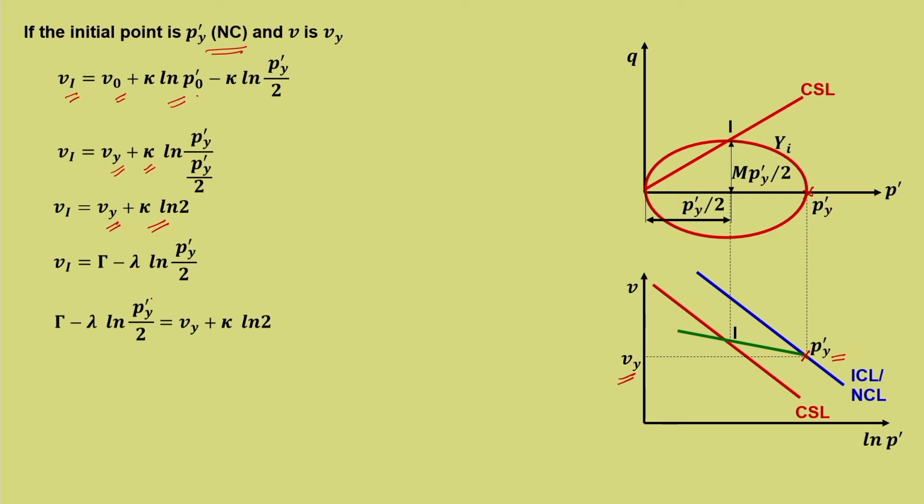So, gamma minus lambda ln P dash y by 2 is equal to Vy plus kappa ln 2. So, gamma we will get Vy plus lambda ln P dash y by 2 plus 0.693 kappa, substituting it for ln 2. Now, gamma can be predicted based on the given conditions. If we know Vy, P dash y and kappa, which are the critical state parameters, gamma can be determined. Now, once gamma is known, then the particular critical state line is also defined.